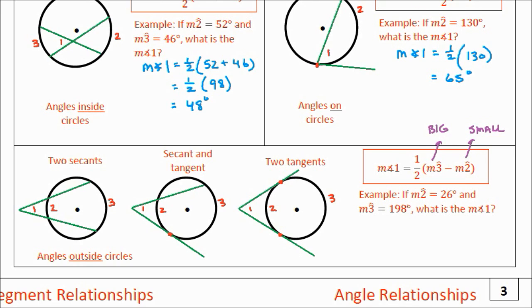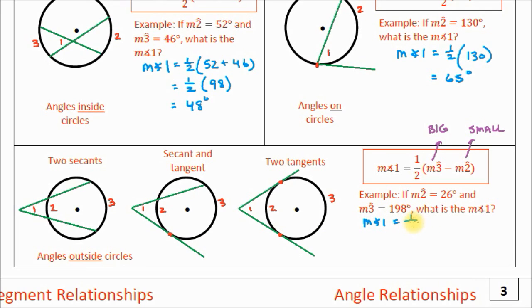So here is our possible example. If the measure of arc 2 is 26 degrees and the measure of arc 3 is 198 degrees, what is the measure of angle 1? Let's go ahead and solve this. We want to know the measure of angle 1, and we know that's an outside angle.